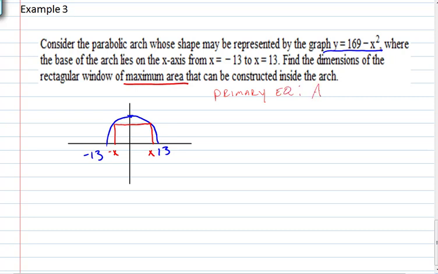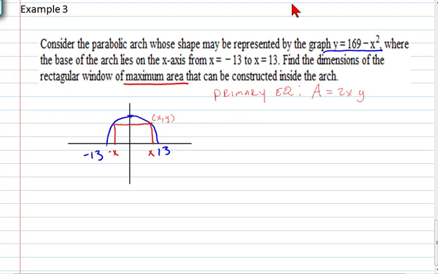And the area of this rectangle is going to be the length, which is 2x, times the width, which we'll call y. Let me not do that in blue. Here's a point x, y, and y is the height. So we're going to use our secondary equation.